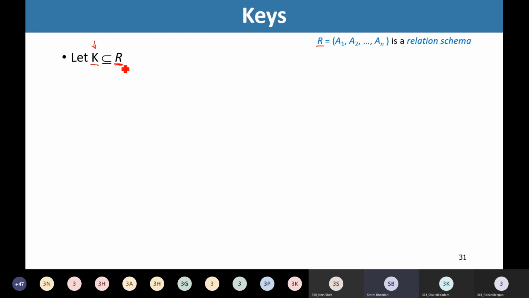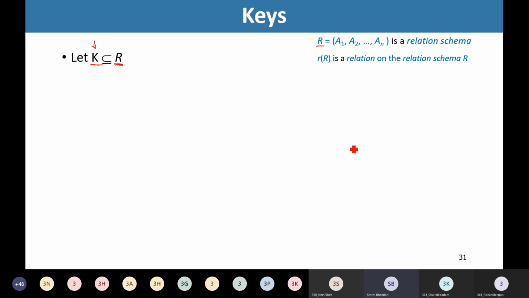And now what we are saying is we have some subset K of R, meaning K is a set of a few attributes of R. So K comprises a few of the attributes from my relation schema R.